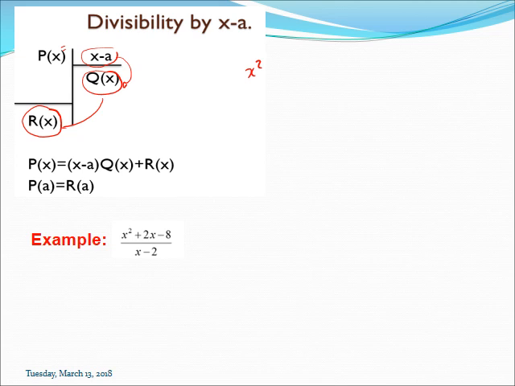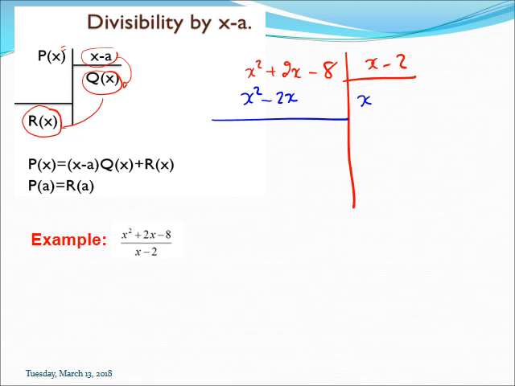x squared plus 2x minus 8 divided by x minus 2. Multiply x by x to get x squared. x times x, x squared. x times minus 2, minus 2x. Change signs: here minus, here plus 2x. Plus 2x, 2x gives 4x minus 8.